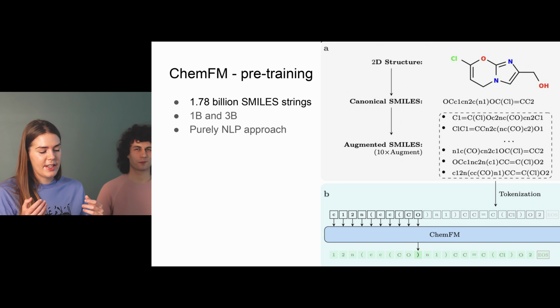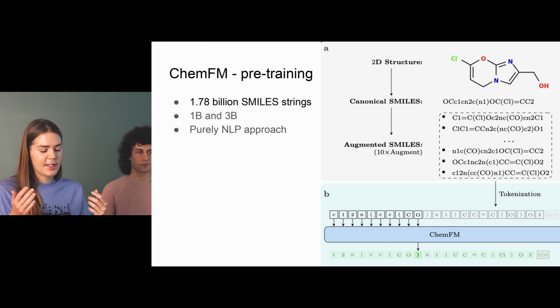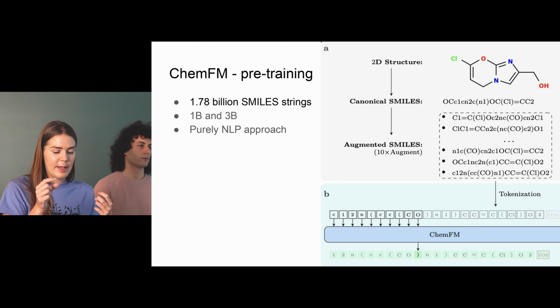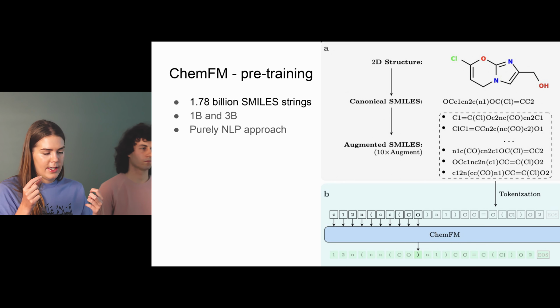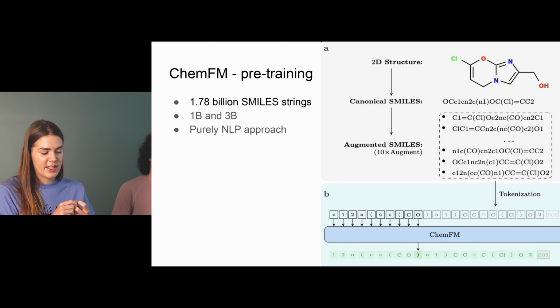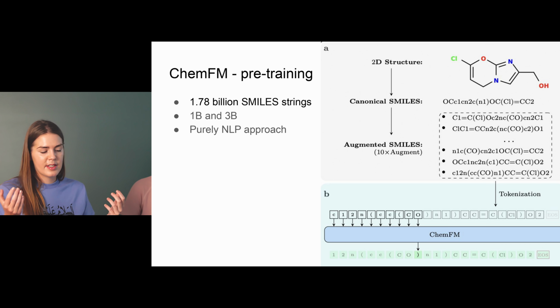And how pre-training of this model worked was very easy in terms of NLP techniques, because this model was learned to auto-regressively predict the next token, so the next element of the alphabet. And it was pre-trained on an extremely large dataset that consisted of known and at least to some extent discovered SMILES strings.